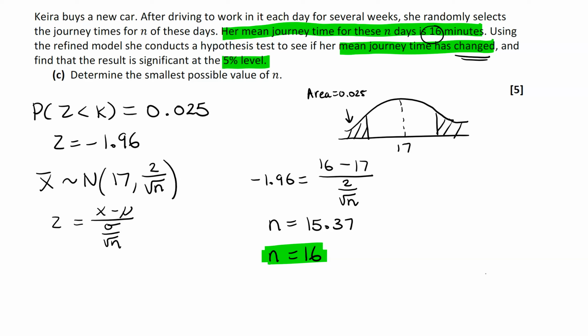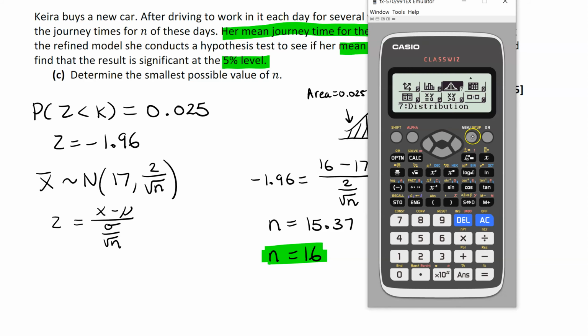If you weren't convinced as to whether it would be 15 or 16, what you could always do on your calculator, now you've got this value, is go normal CD, and in this case we'd be looking at the probability that X is less than 16, which is from our sample. So we'd put in minus 1000 and an upper limit of 16.